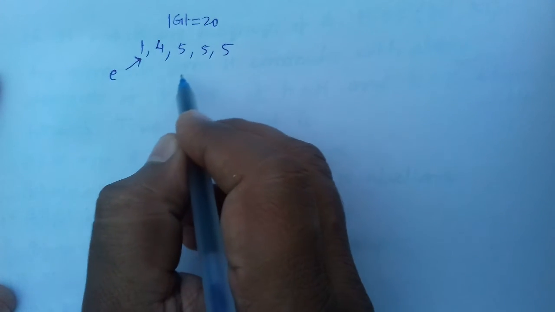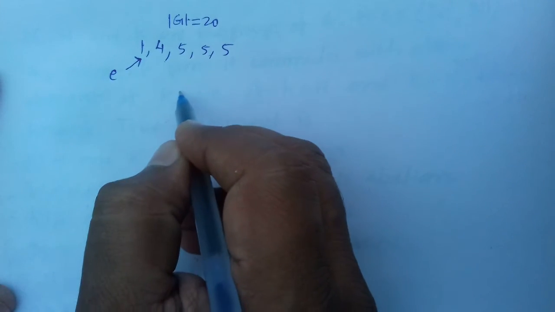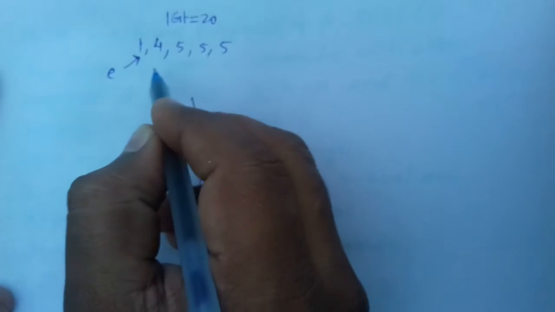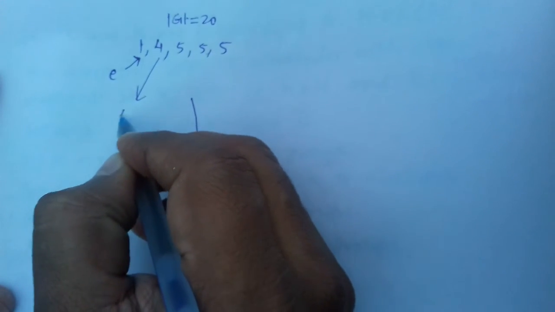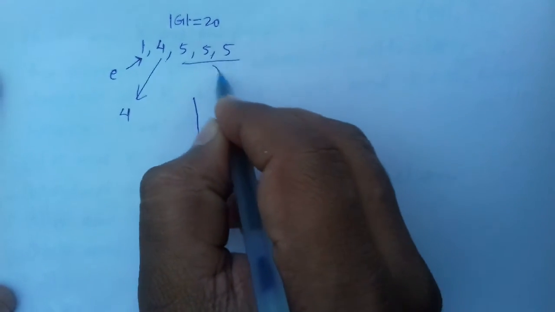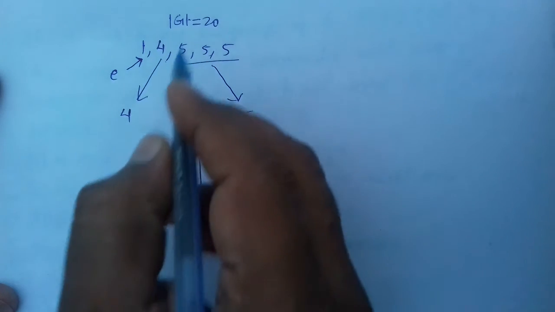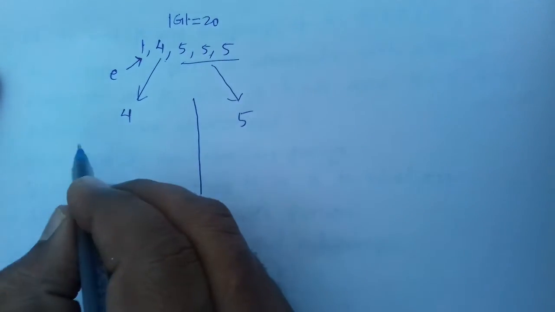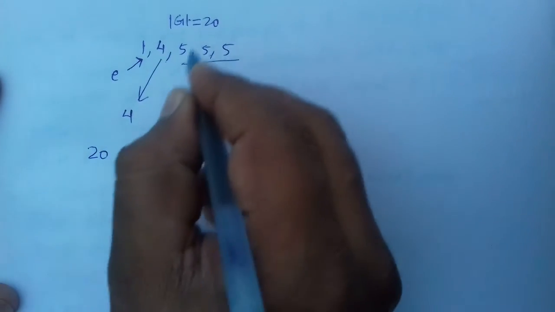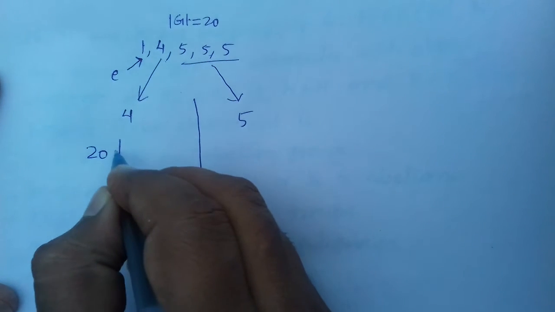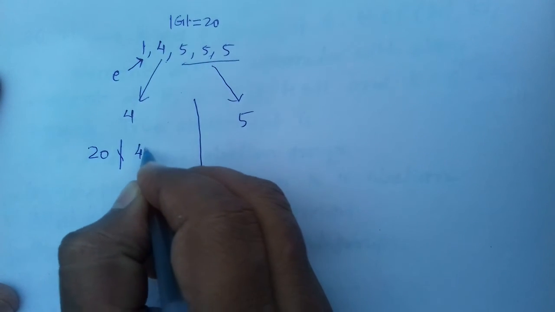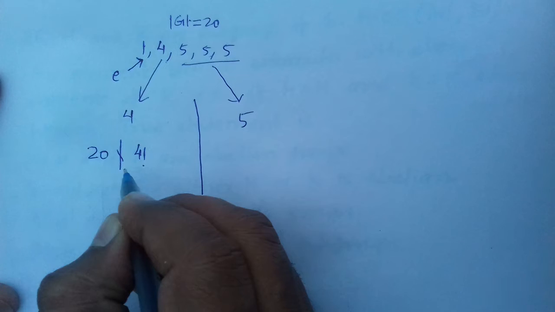Now it remains 2 types of number. One is 4 and the other is 5. You see that 20 does not divide factorial 4. Factorial 4 is 24.